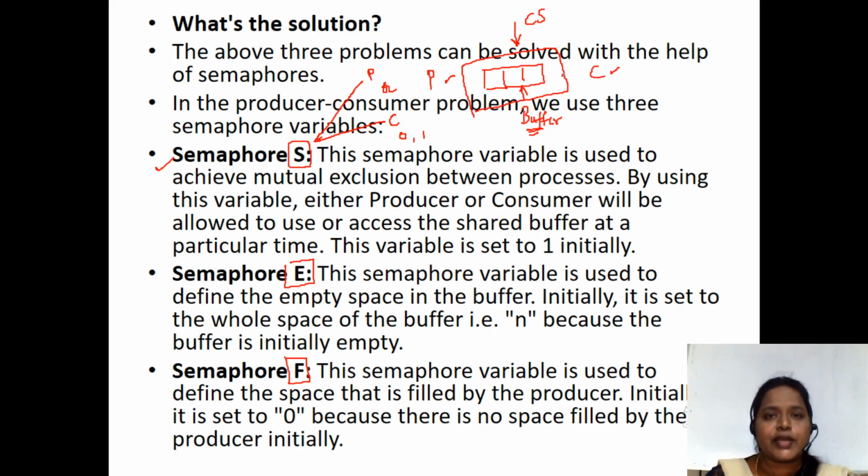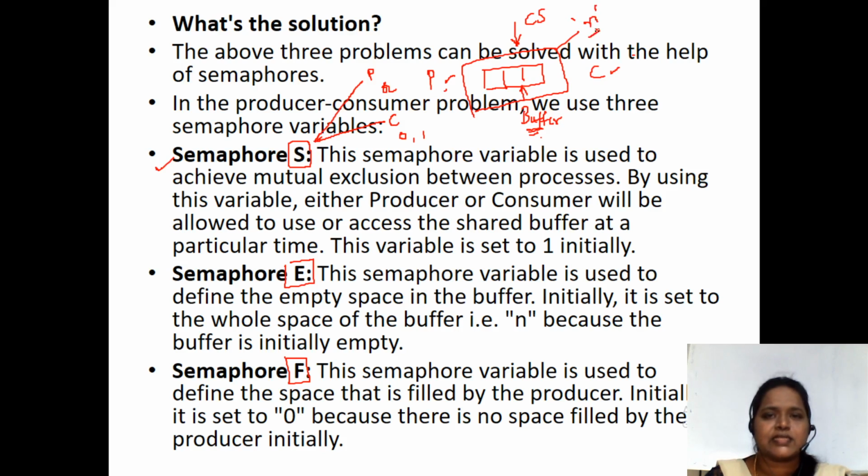The shared items we place in the critical section and non-shareable items in the non-critical section. As the buffer is going to be shared among the producer and the consumer, we place this buffer in the critical section, and this buffer size is fixed.